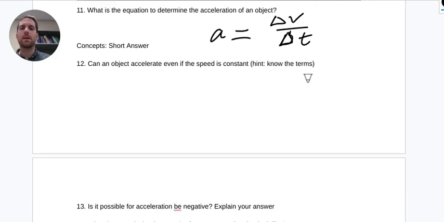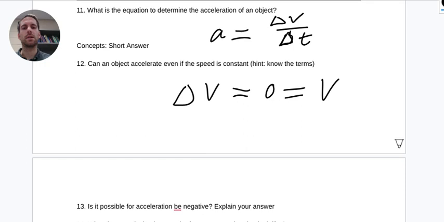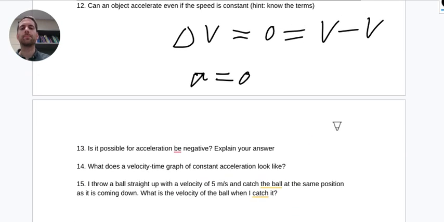So if the speed is constant, or velocity is constant, then that means that the change in velocity equals 0, as v is our speed and it's minus some change in v, which is the same, so it's going to be 0. So a equals 0. So it is possible for acceleration to be negative because you can have negative velocity, and that implies stopping.